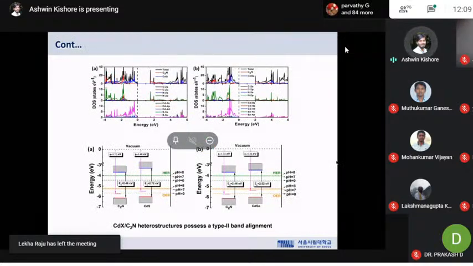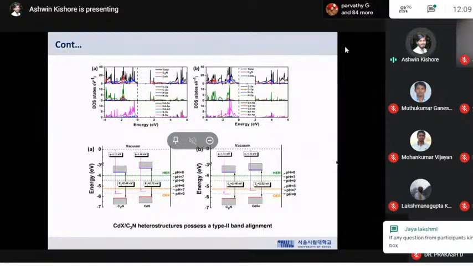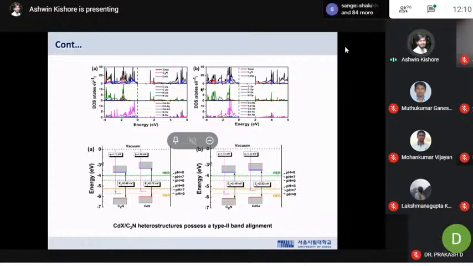So we calculated the density of states and then band edges. From the density of states, we can see that this heterostructure has a type 2 band alignment, because we can see here the C2N layer, the conduction band minima is from the C2N layer, the valence band maxima is from the CdX layer.